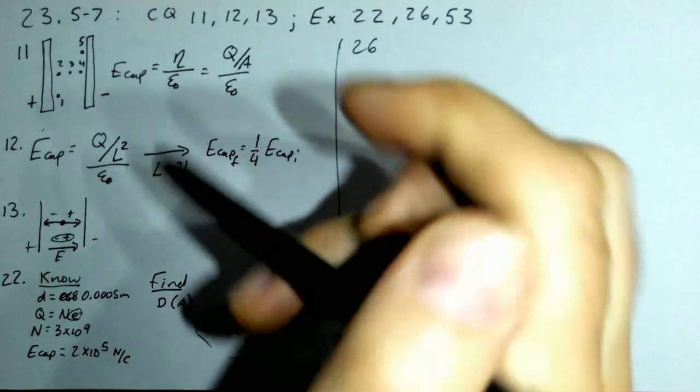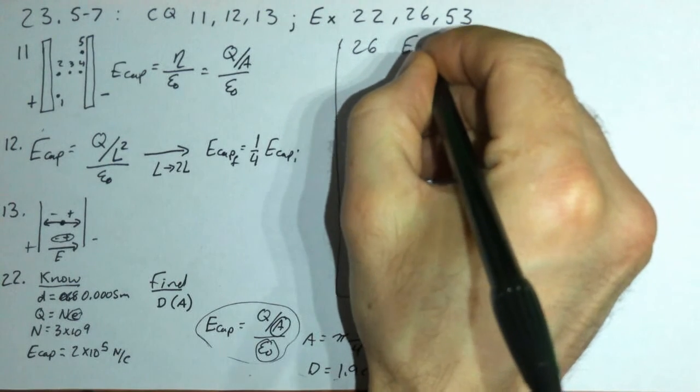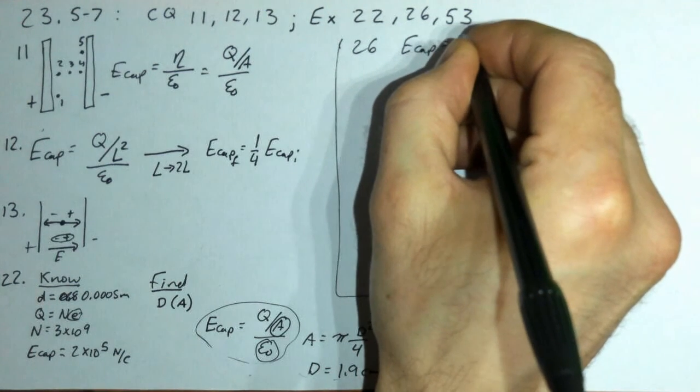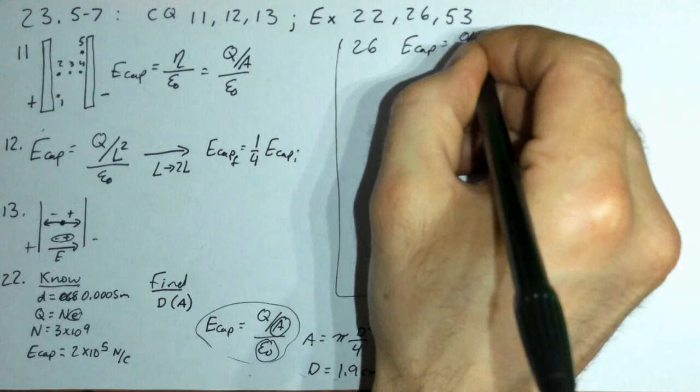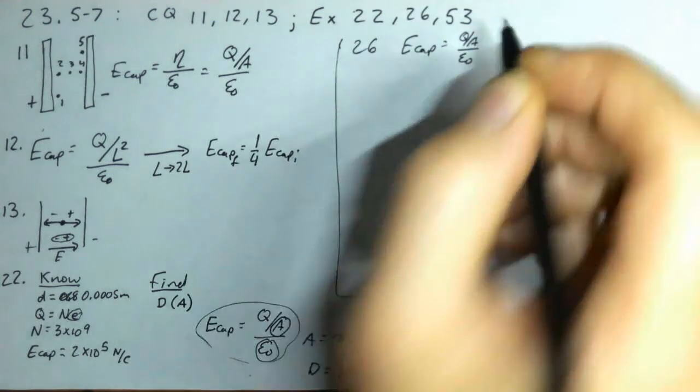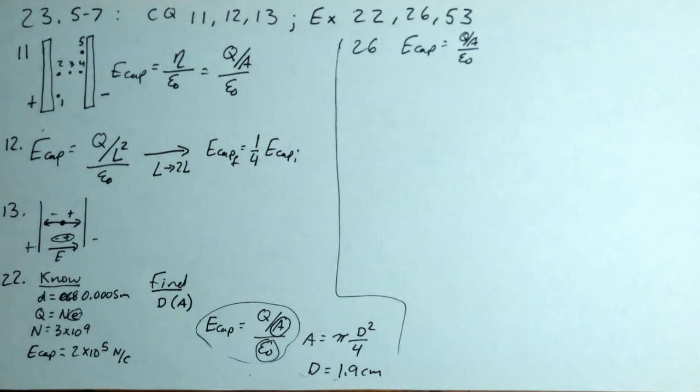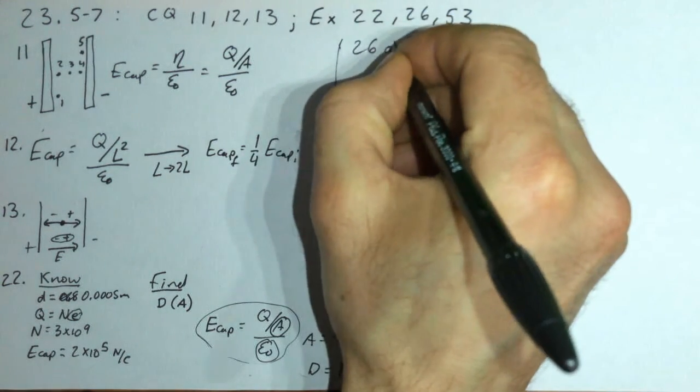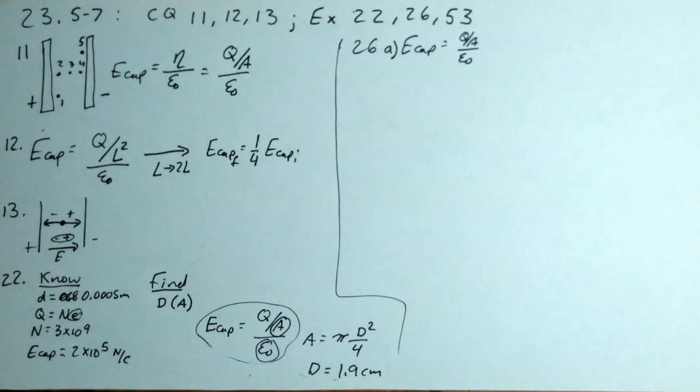We're going to have to use E capacitor equals Q over A over epsilon 0, and that's for part A. That's going to be very similar to what we've done already.